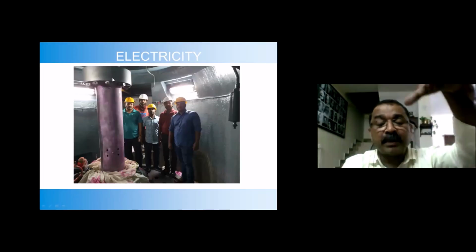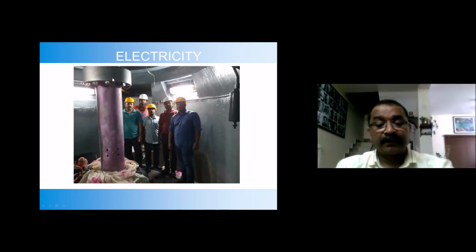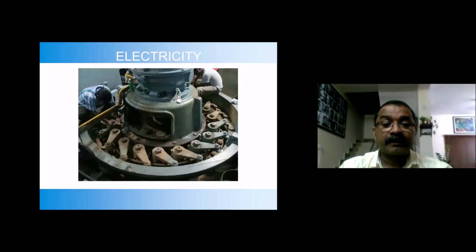So this is a vertically positioned machine. At this station, we are using a Francis turbine, and these are called wicket gates.